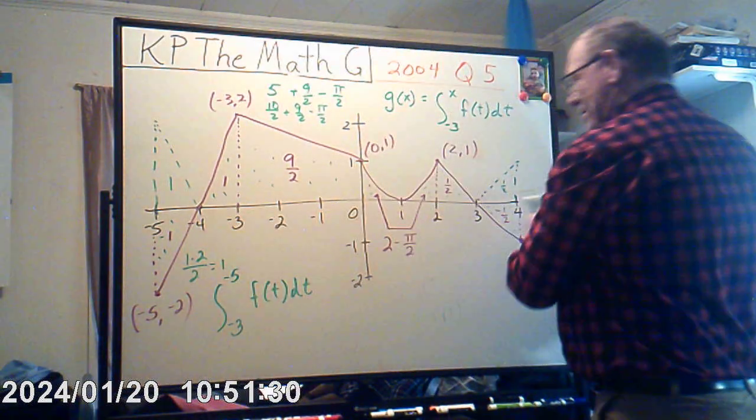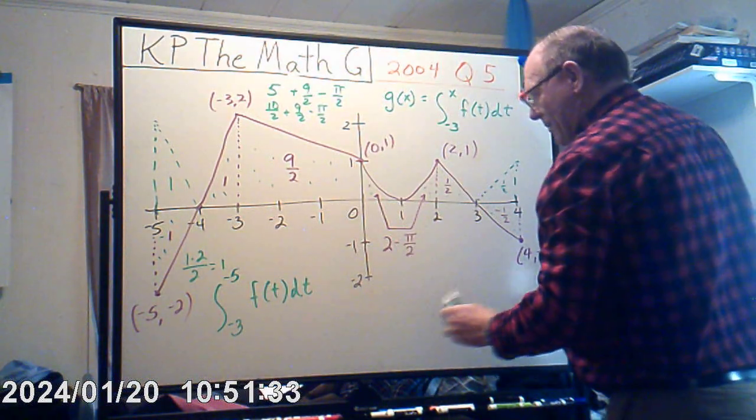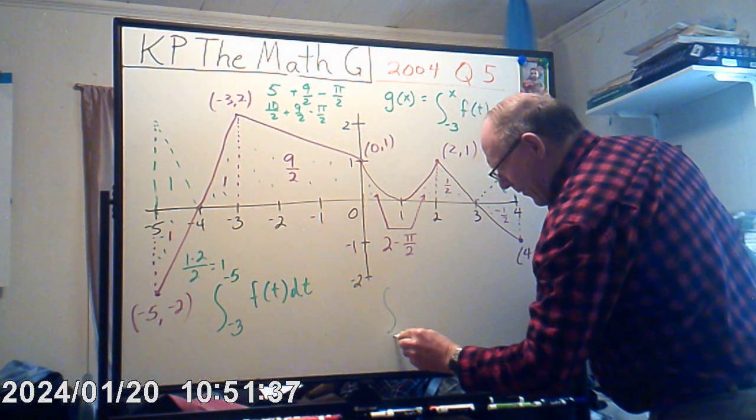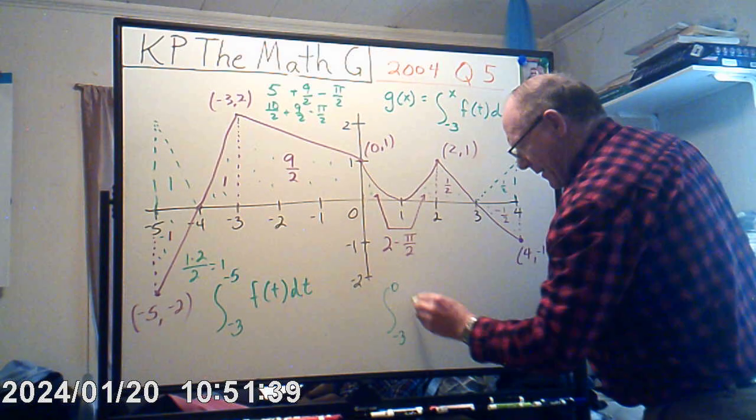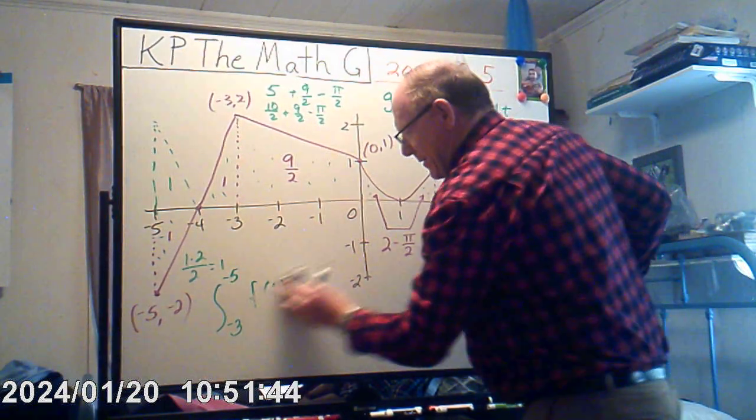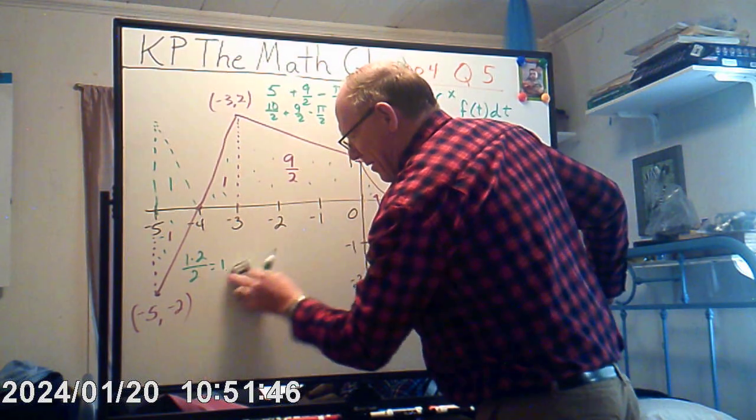The rest of them will be alright. So for example, if we go from -3 to 0 like this, let's move it over. I don't want to flip this board over each time.